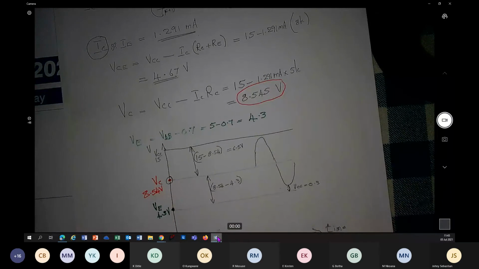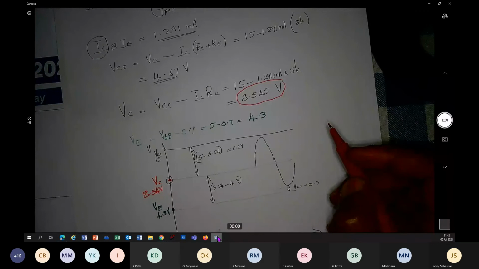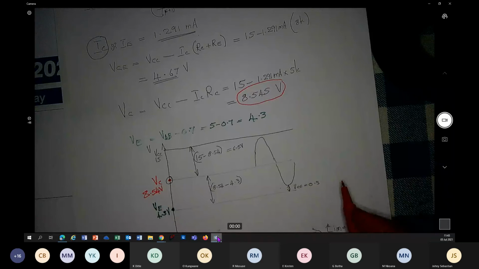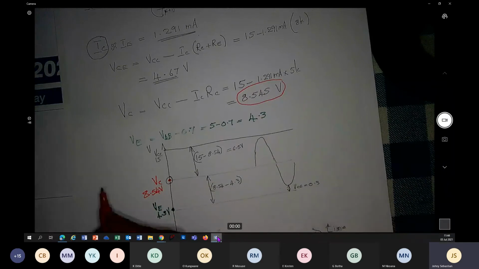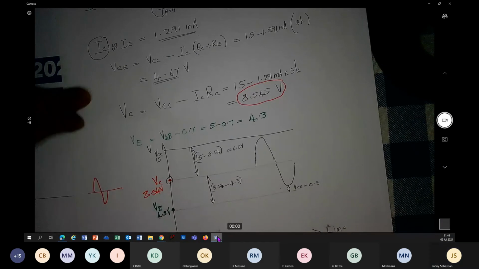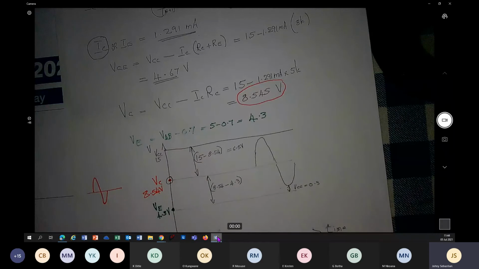I'm saying on the part of the graph, aren't the two sides supposed to be equal, the top part and the bottom part? See, every signal that we receive is perfectly symmetrical. Whatever positive must go, whatever negative. Otherwise, the signal will be distorted.